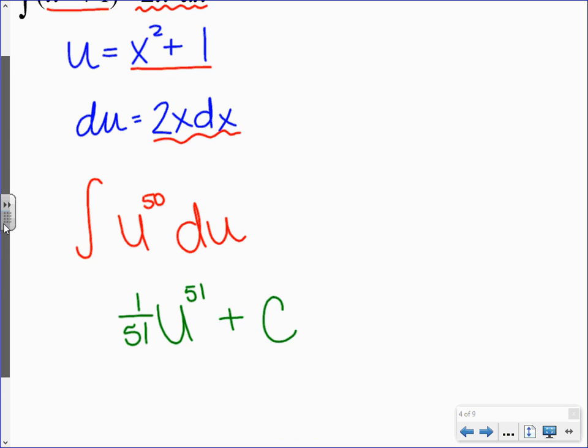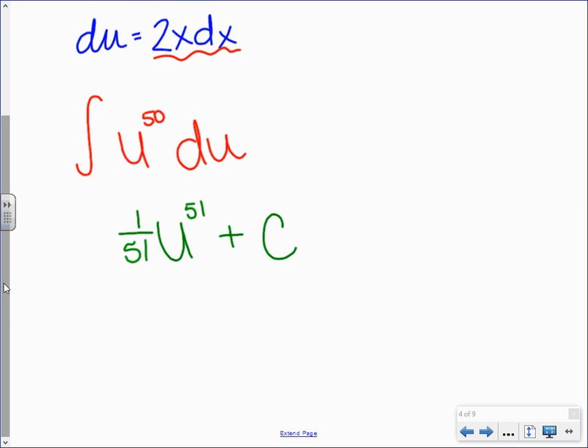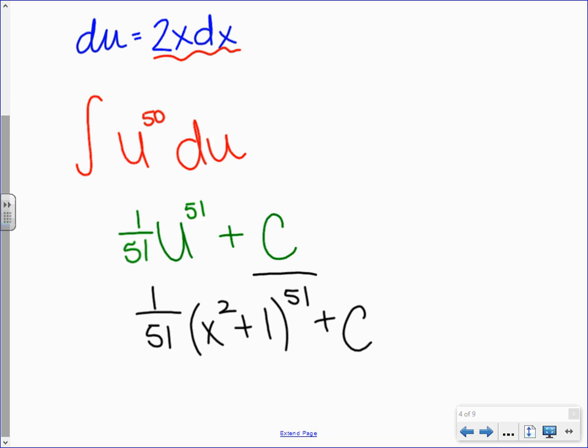We know u is x squared plus 1. So our answer is really 1 over 51 times x squared plus 1 to the 51st power plus c. Any questions on any part of that process? Pretty slick, right?